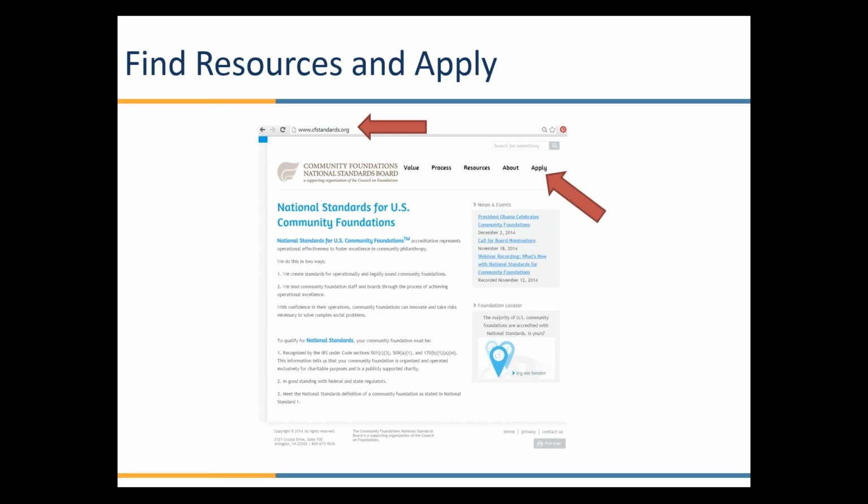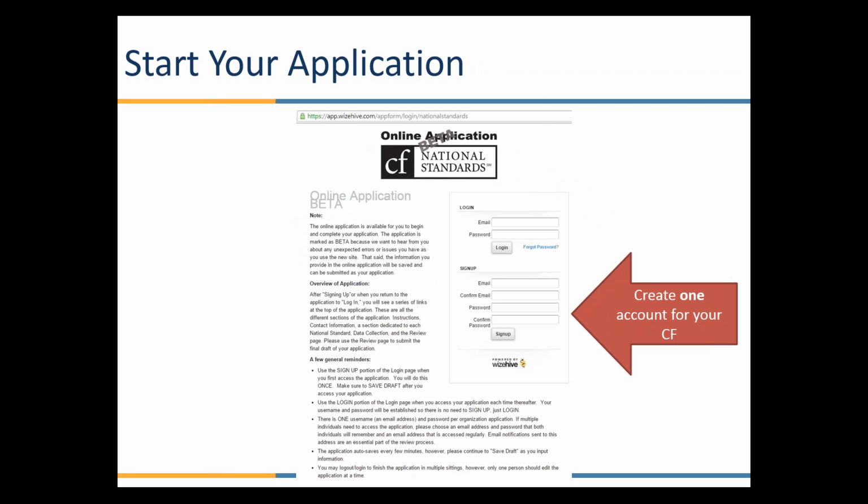So many of you are familiar with applying through large binders and lots of reams of paper, but starting in January of this year, the application process is all online and accessible by hitting the Apply button on the National Standards website. When you do that, this is the screen that you'll see come up, and you can either register your community foundation or you can log in here to access an already in process application.